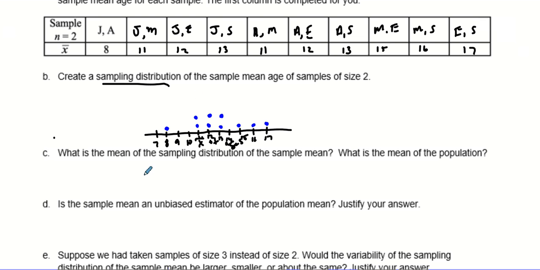And our mean of our sample means is 12.8.